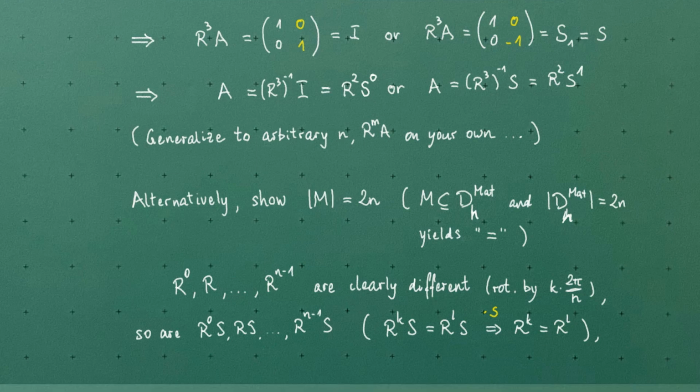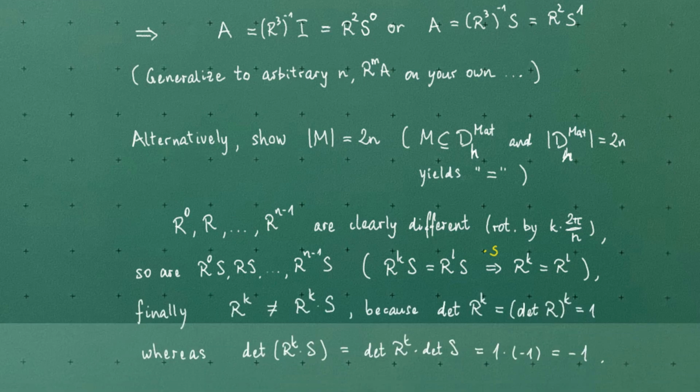So this is the last point I have to check. It is not possible that any of those is equal to any of those here. We should put L here. Because if you know about determinants, you know that the determinant of such a matrix is nothing but the determinant of r to the kth power. The determinant is multiplicative, but the determinant of the rotation matrix is 1.